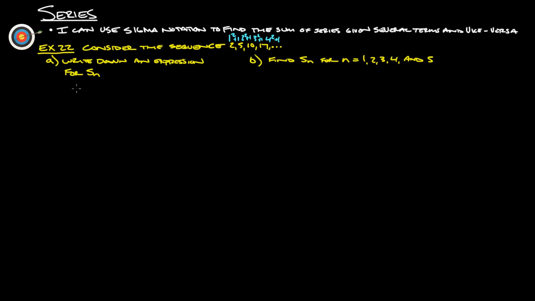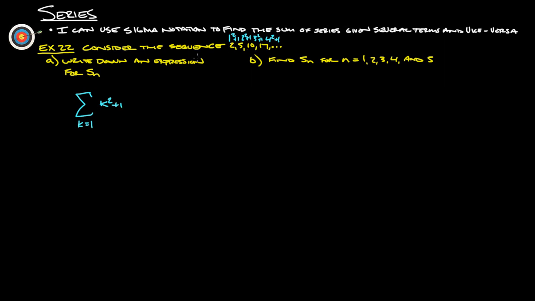All right, so what we can do is start with our little sigma notation here. We are going to have k equals 1, and then our formula we figured out is going to be k, or whatever our term number is, squared, and then we're going to just add 1.